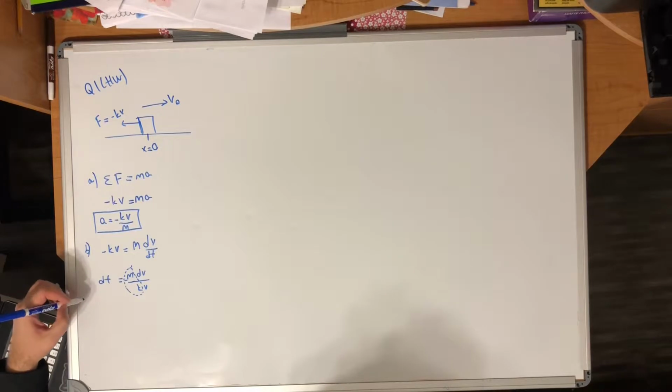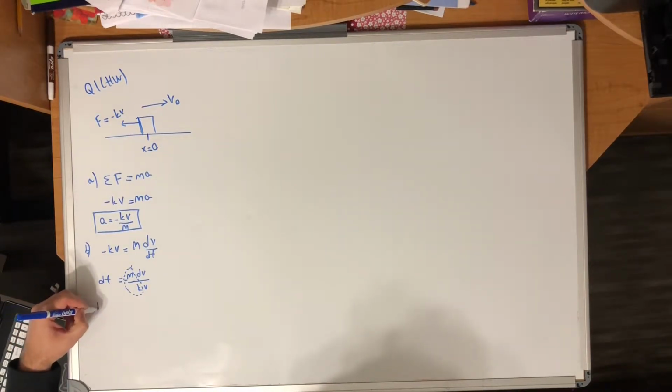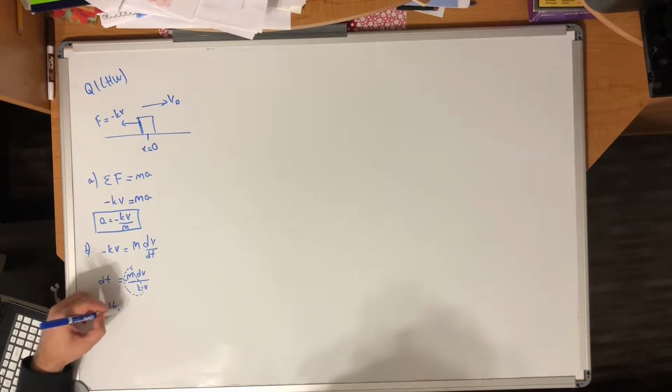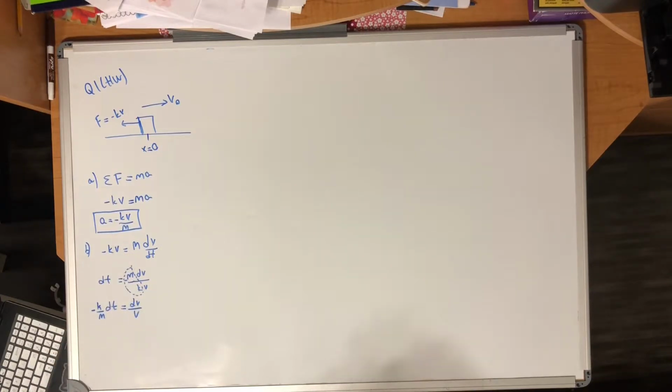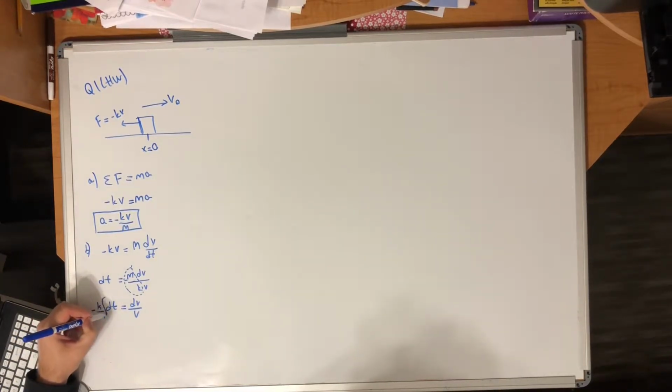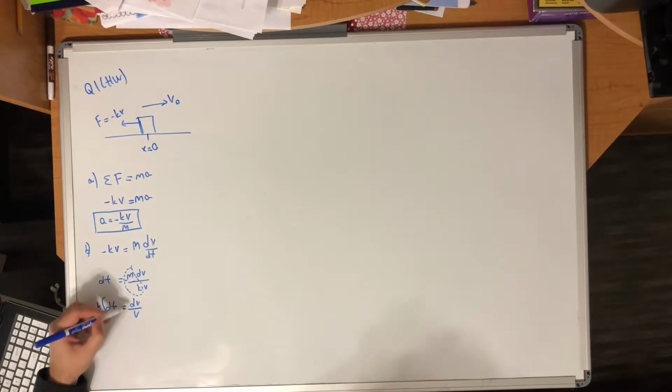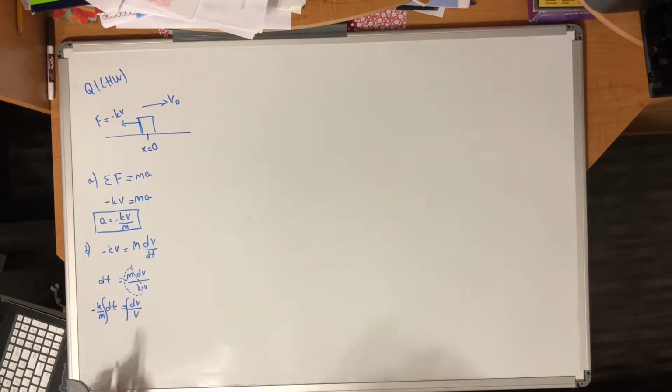So my entire thing will become negative k over m dt equals dv divided by v. Now this negative k over m is a constant, so I don't need to include it in the integral. So you take the integral of both sides to get rid of the derivatives.